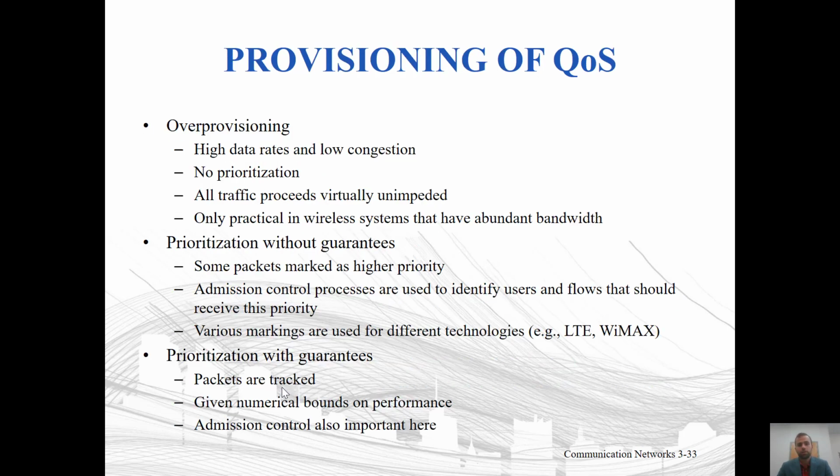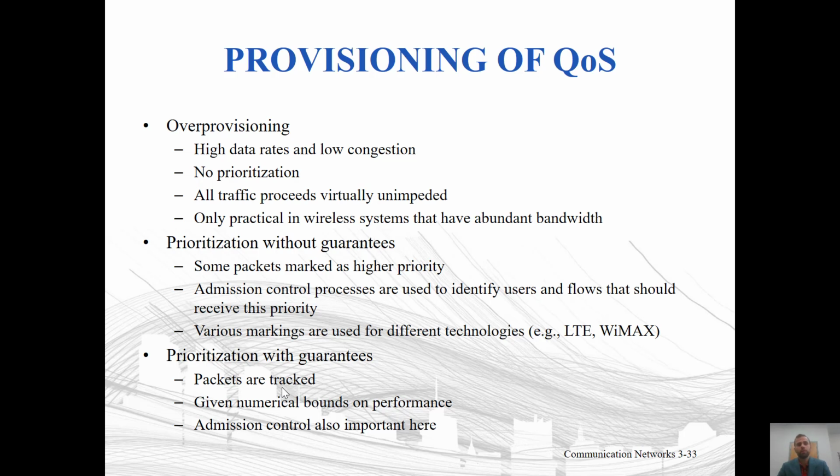All right, provisioning of quality of service. So there's over provisioning, where high data rates and low congestion, in other words, there's tons of bandwidth available, you can give everybody who's on the network high data rates.